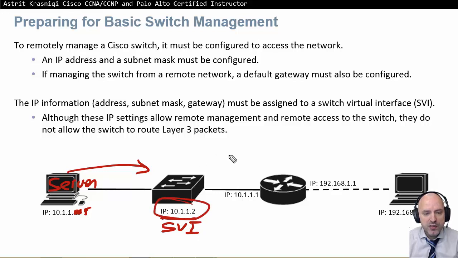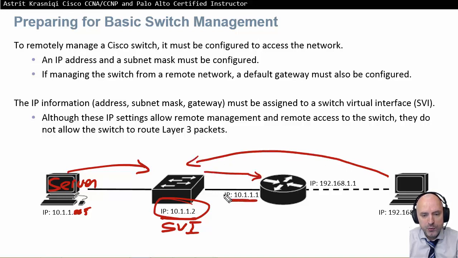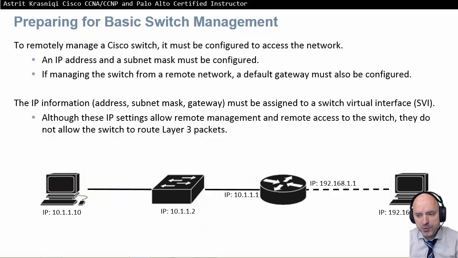If we want our switch to be managed from a remote device, say that we want to manage it from this PC here, then the switch needs to have a default gateway. For it to be able to send packets outside, it needs to have a default gateway. So that configuration has to be done on the switch in global configuration mode.